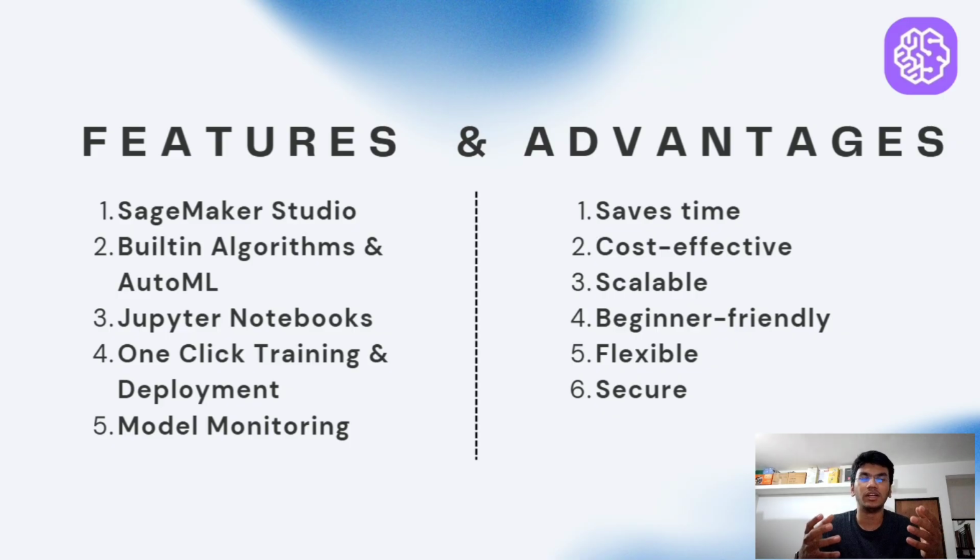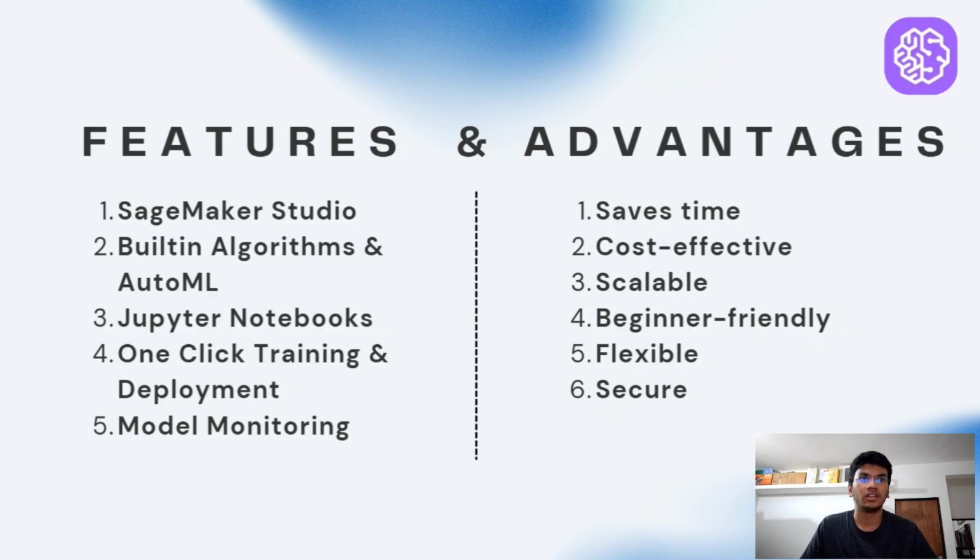It lets you quickly build models using ready algorithms or automatically create one without deep machine learning knowledge. Jupyter notebooks are pre-configured for exploring data and testing models without setup. Also, one-click training and deployment trains models on cloud servers and deploys them as APIs with minimal effort.